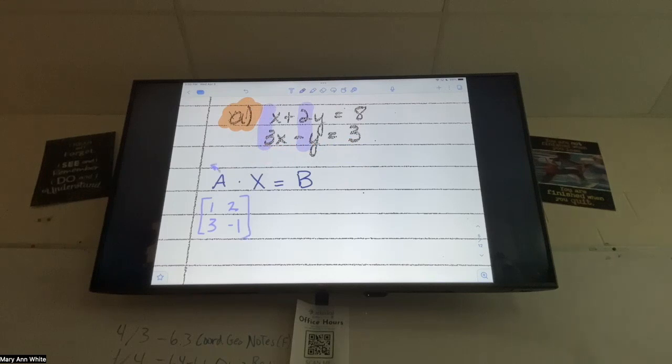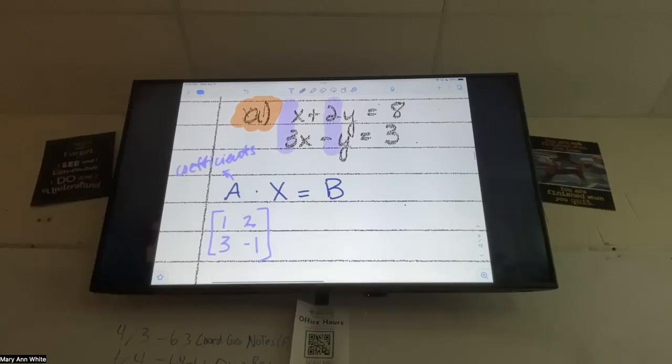I'm going to write coefficients next to A. Now my X matrix is going to be X and Y. It's just going to be a 2x1 matrix, X on top, Y on bottom.